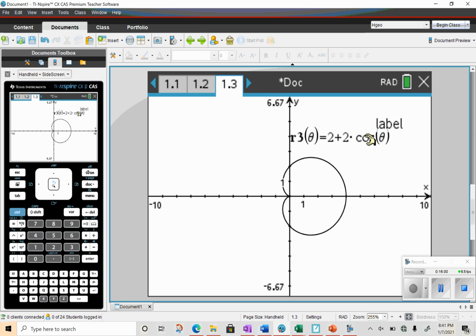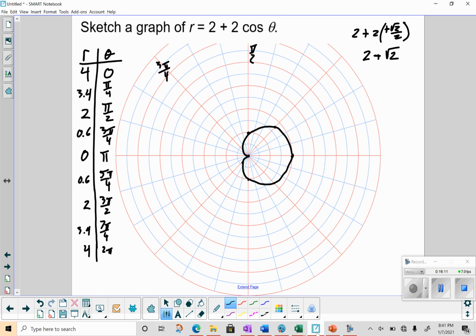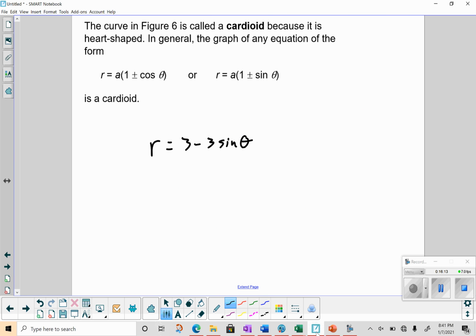Well, yeah, the heart shape, not the actual shape of an anatomically correct heart. That's what we call it. That's what you've got to remember. So this is a cardioid. Yay, 3 vowels in a row, because that's what we do in math.